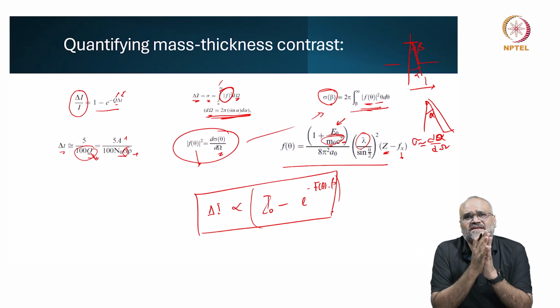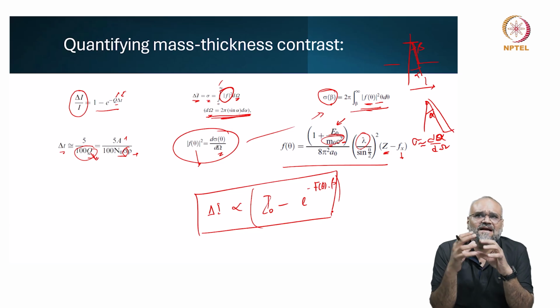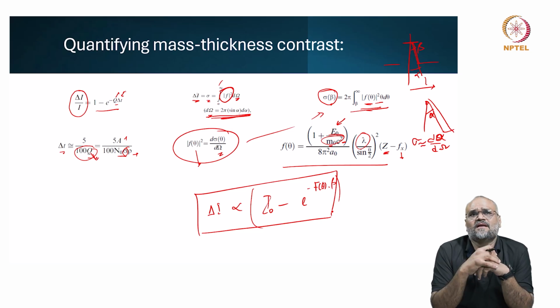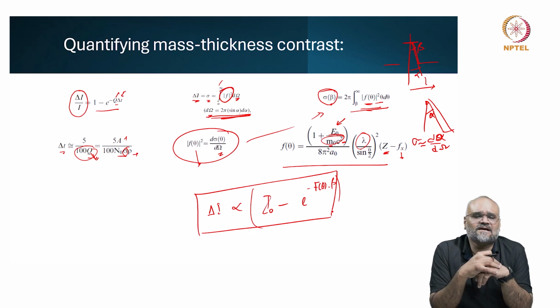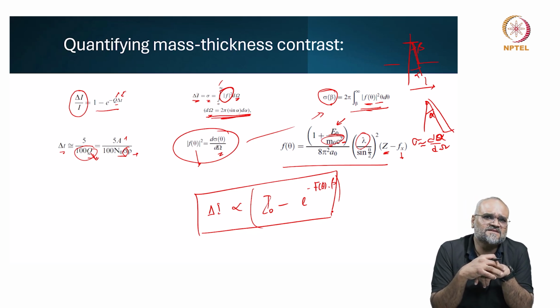You can actually tune these values and precisely quantify how much of an element is present from which region, provided you know the thickness is uniform within a specimen. These ideas are actually useful in quantifying or even qualitatively getting an idea of what sort of regions are present within the specimen.